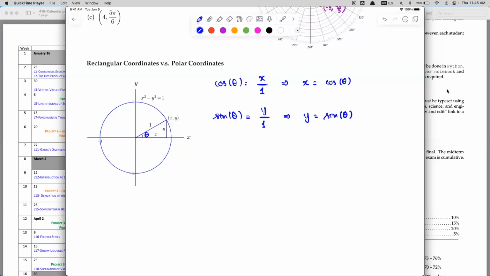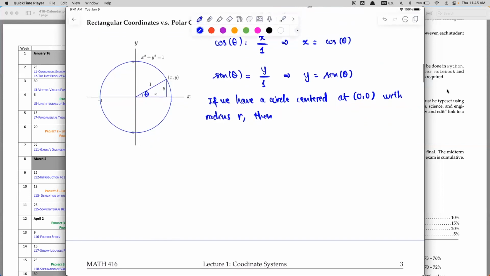If we have a general case of a circle with radius r, centered at the origin, you may have a different formula. The hypotenuse is no longer equal to 1, but is equal to r.